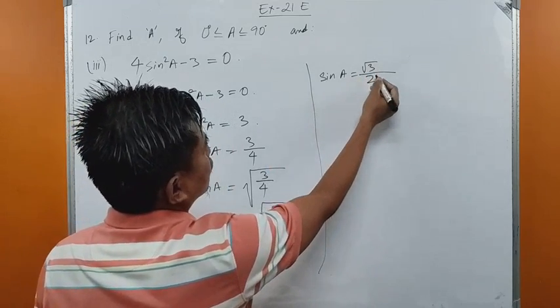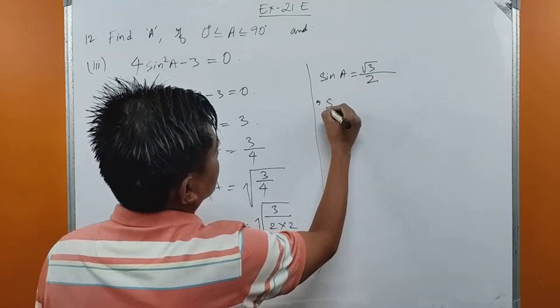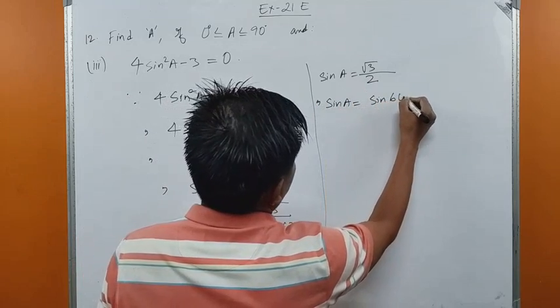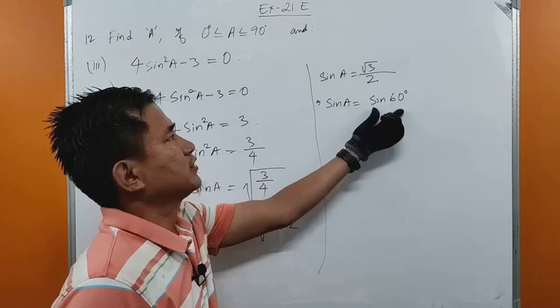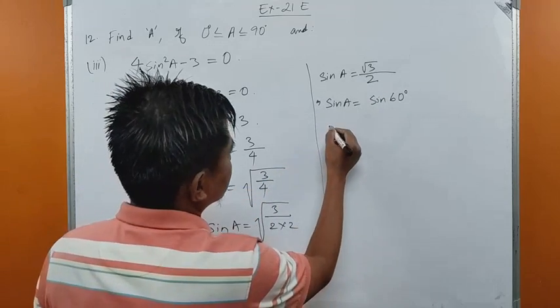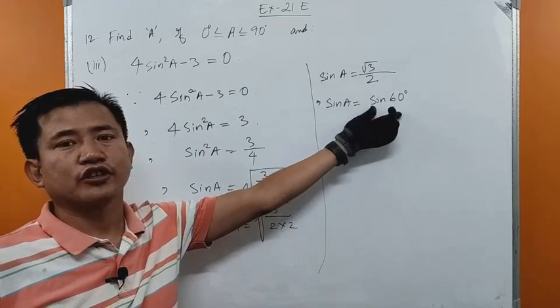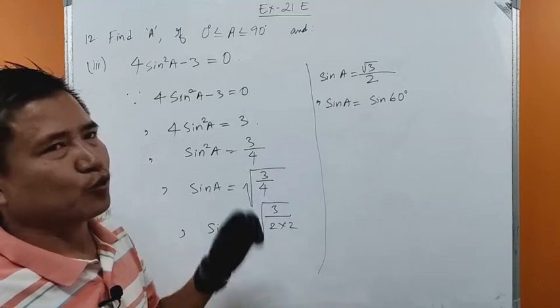So sin A equals root 3 by 2, or sin A equals sin 60 degree, because the value of sin 60 degree is root 3 by 2, isn't it? So if you do not know the values of this trigonometrical table, you can watch the video.